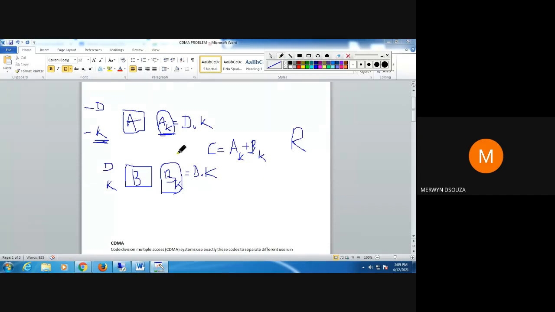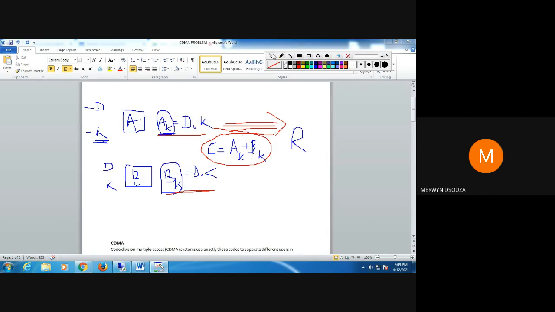You have the encoded data of station A and the encoded data of station B. You superimpose both of them on top of each other and you get one signal C. This signal C will be transmitted to the receiver. So you superimpose all the station signals on top of each other and transmit them as one signal. So what is the advantage of doing all of this?